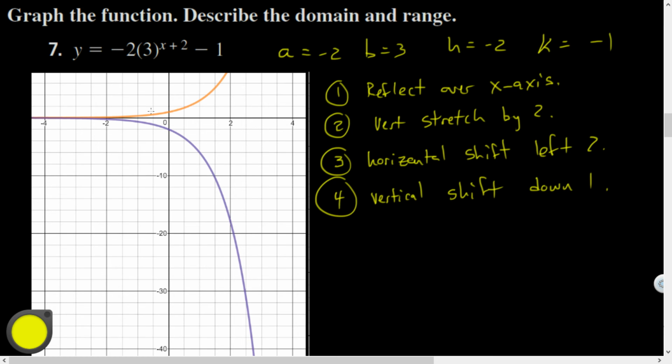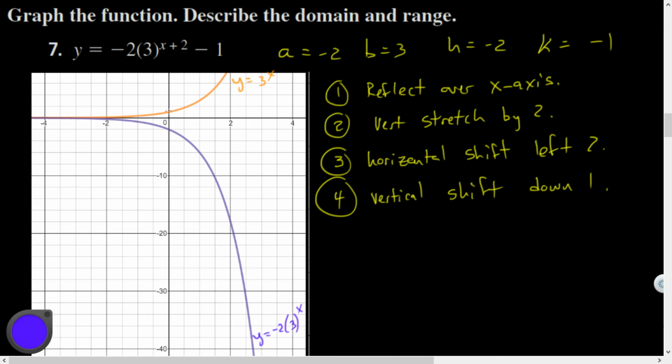Okay, so now the question is, which one was my original graph? It turns out this orange graph this time was y equals 3 to the x. The purple graph was y equals -2 times 3 to the x, right?